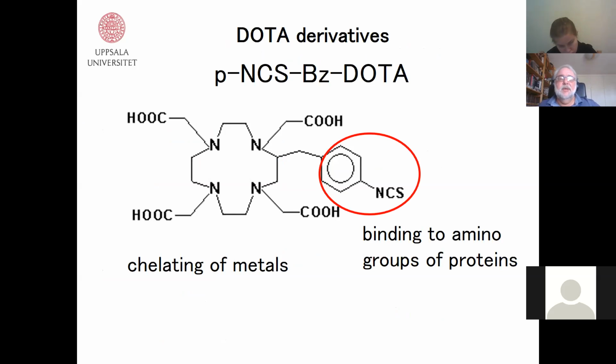There is another type of bifunctional derivative of DOTA, the so-called backbone modifier. In this case, a benzyl isothiocyanate group is conjugated directly to the backbone of the DOTA chelator.